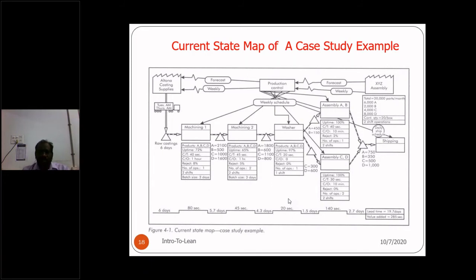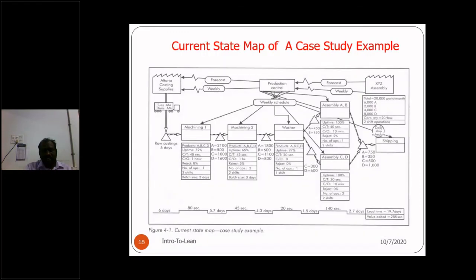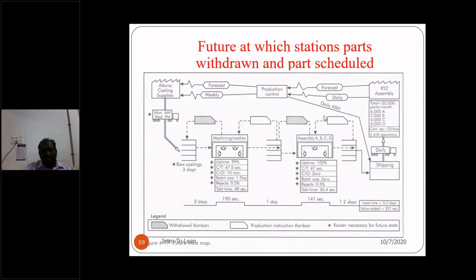So when you see the feature administration parts, you can see the forecast weekly, and forecast daily is being done.